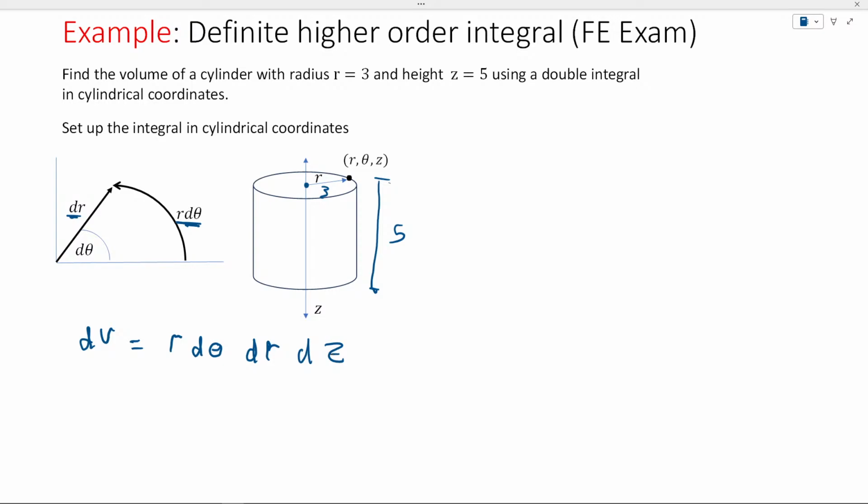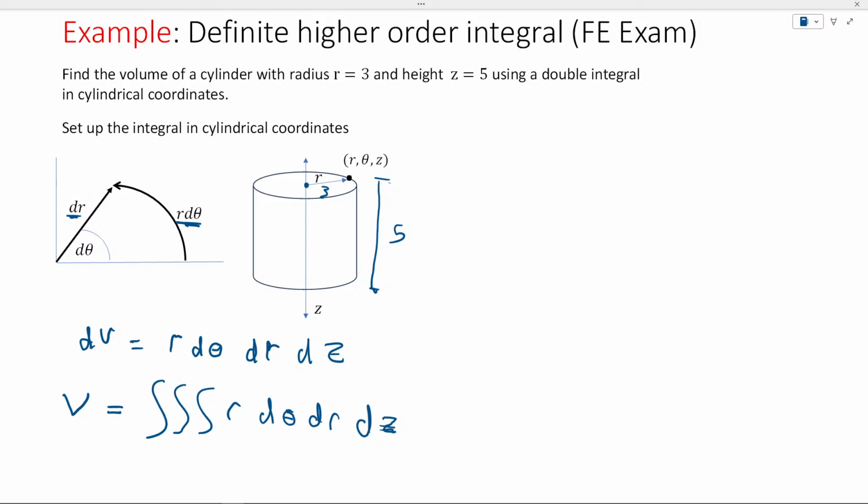Okay, so the volume would be equal to the triple integration of r d theta dr dz. So can I arrange this and put some limits here?